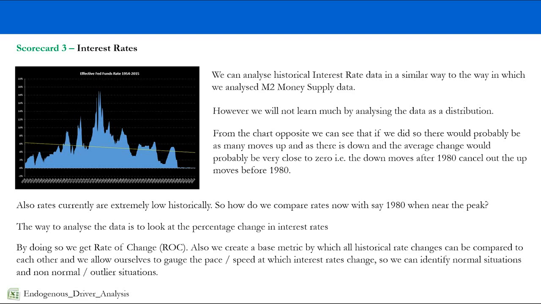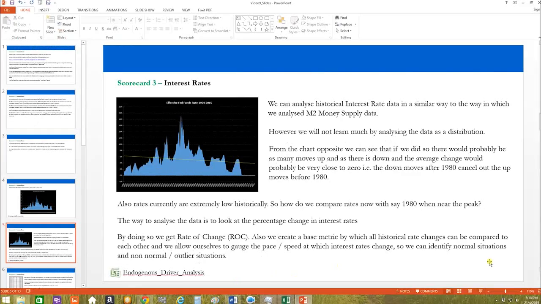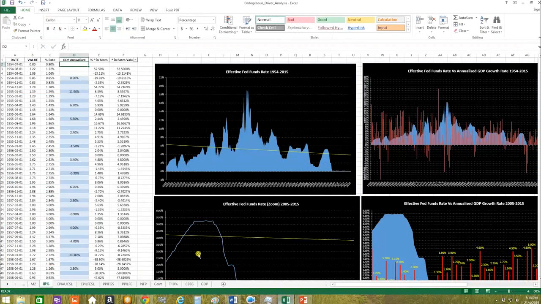We also allow ourselves to gauge the pace or speed at which interest rates change, so we can identify normal situations and abnormal or outlier situations. Okay, so why don't we go into the spreadsheet, endogenous driver analysis, and take a look at this data.